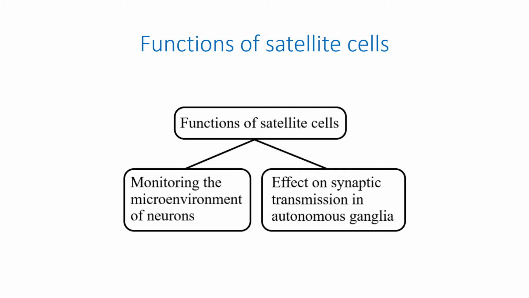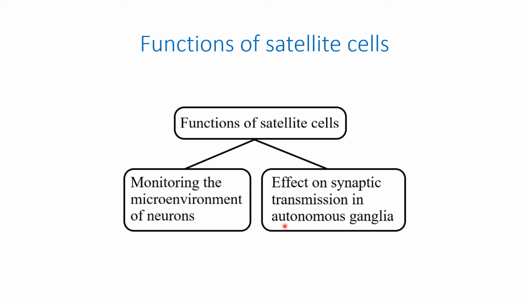There is evidence that satellite gliocytes have a mechanism for uptake of gamma-aminobutyric acid, glutamate, and possibly other neurotransmitters, which also allows them to control the microenvironment of neurons. So they help to regulate and stabilize the environment around nerve cell bodies.